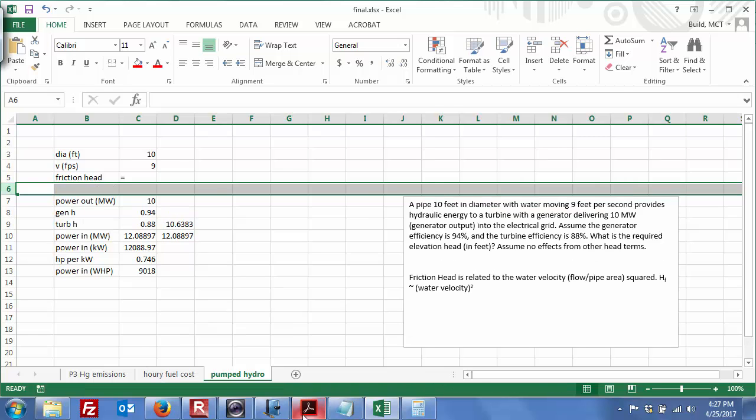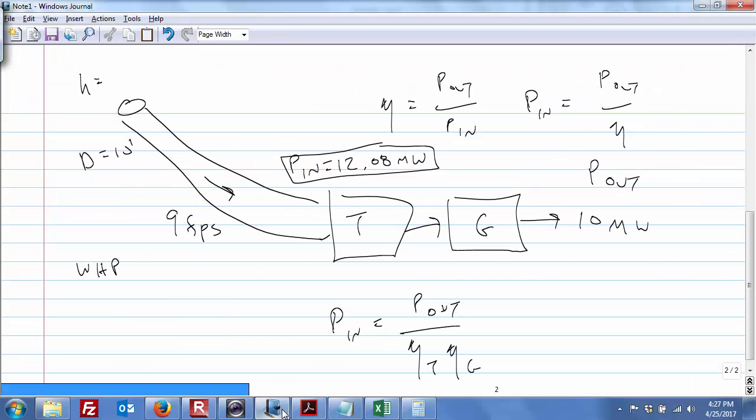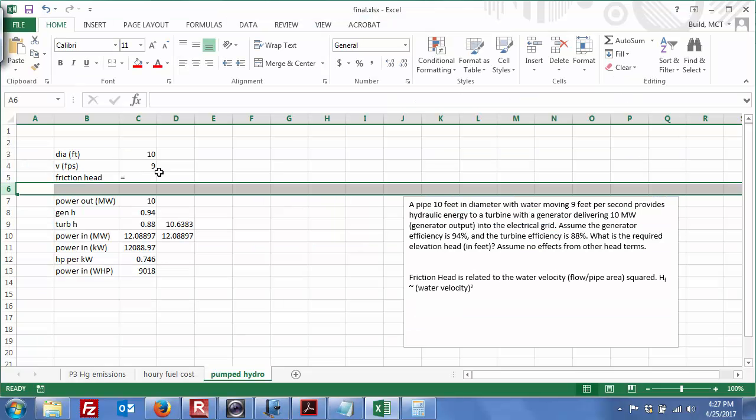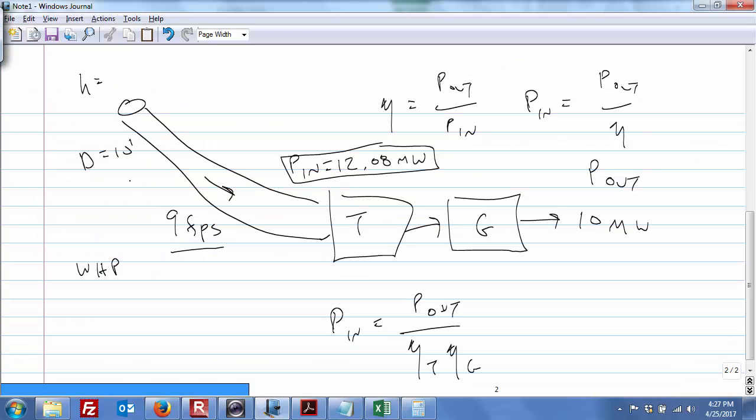Well, it's the loss. Yeah, you're right. It's friction, so it doesn't really matter if this pipe is vertical or whatever. It's just that the water's flowing at 9 feet per second through a 10-foot diameter pipe. So we've got to get the area in square feet.